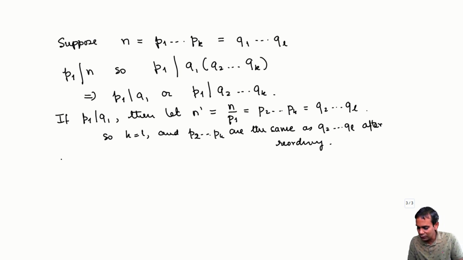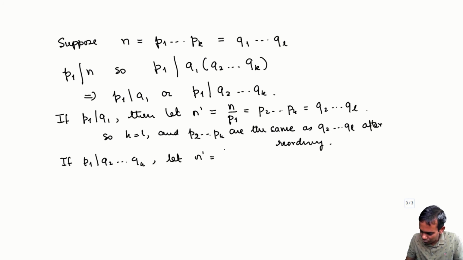Now, what if p1 does not divide q1? Then that means that p1 divides q2 up to qk. So if p1 divides q2 up to qk, let's call this number n prime. So it's n by q1, which is q2 up to qk. Then n prime is p1 times n double prime because p1 divides n prime.